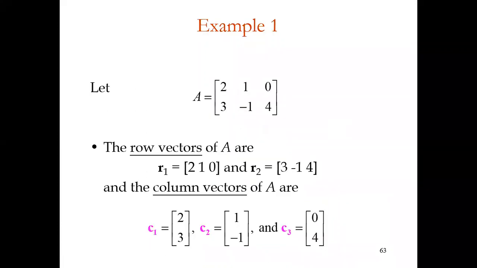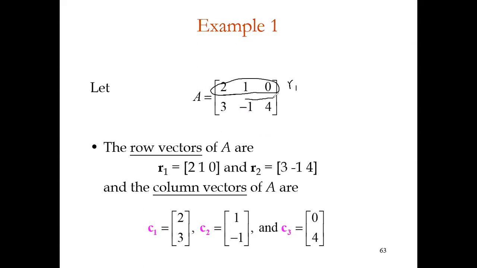For example, if we have such a matrix A here, 2 times 3, the row vectors are the members of the matrix in the form of rows. Here is 2, 1, 0. This is R1.